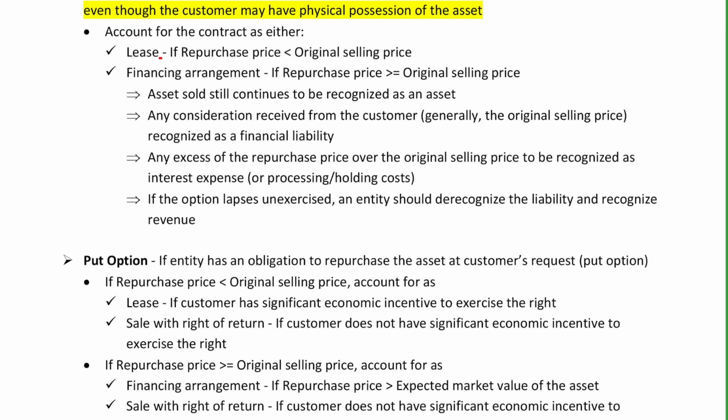Now, such contracts could be accounted for as either a lease or a financing arrangement. So lease is when the original selling price is greater than the repurchase price. And it would appear as if the buyer pays for the use of the asset.